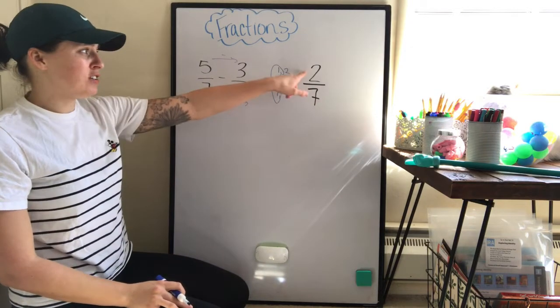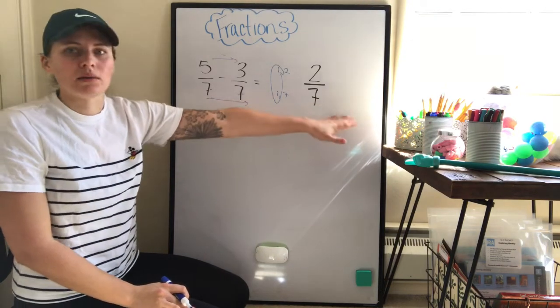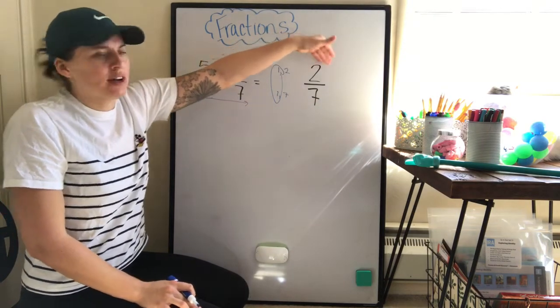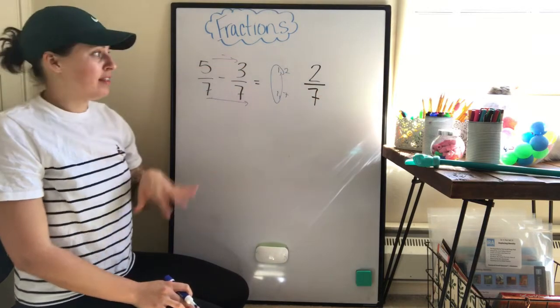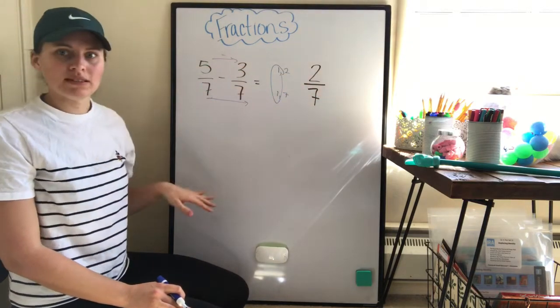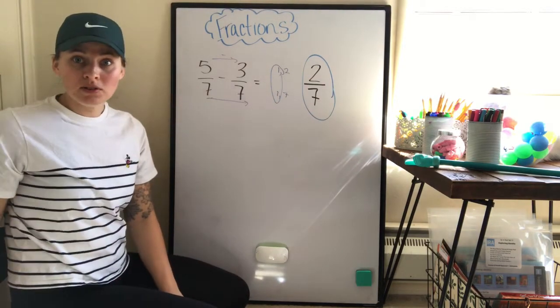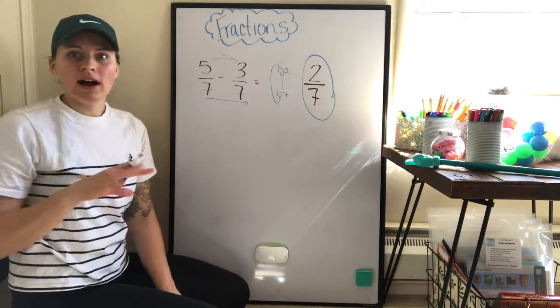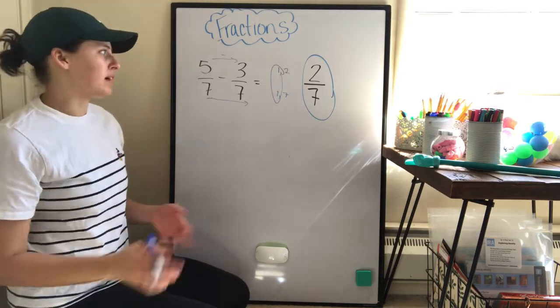And I can divide both of these numbers by 1, but I'm just going to get the same exact number. 2 divided by 1 is 2, 7 divided by 1 is 7. I just have the same answer. That means that this number cannot be simplified. This is the simplest form. So sometimes you might come across an answer where you don't have to simplify it. That's the answer. And then sometimes you have to simplify it.